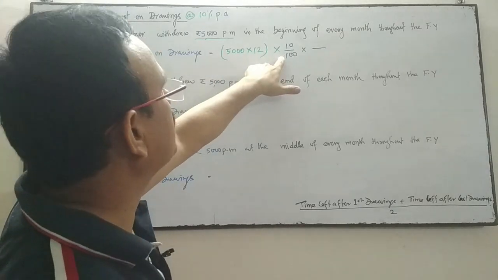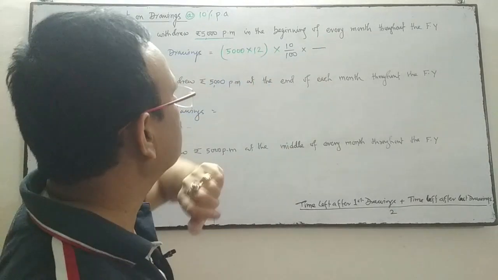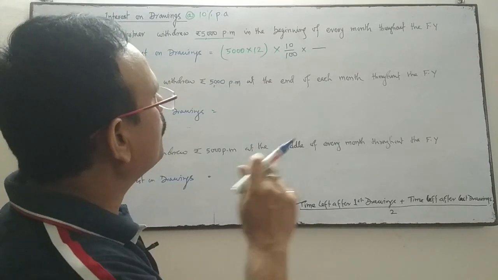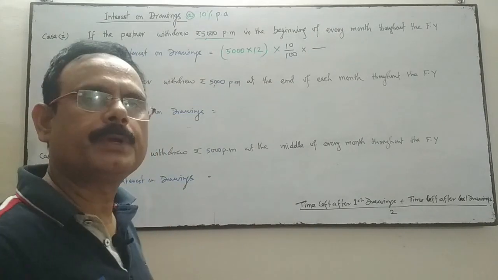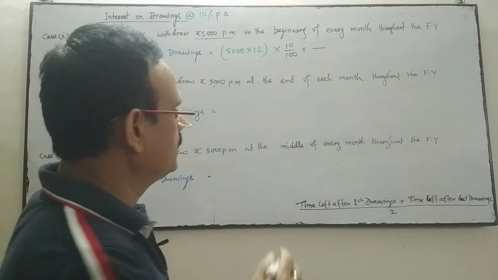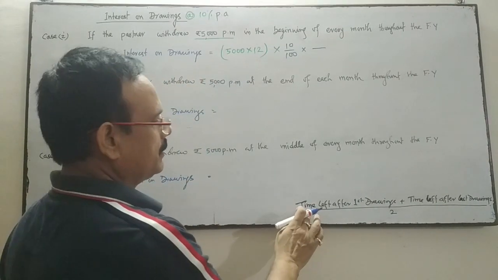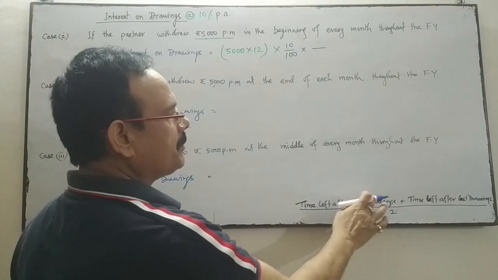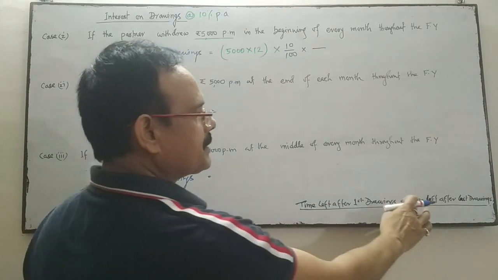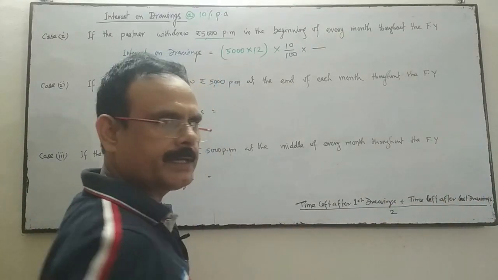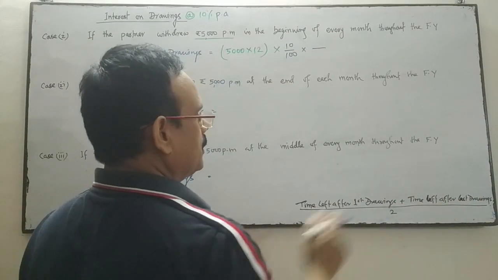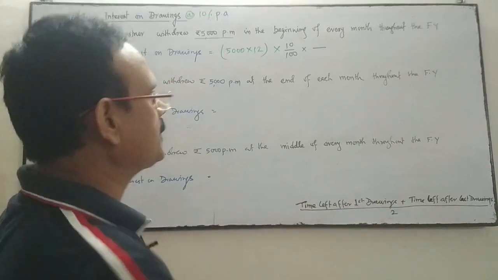Rate of interest 10 upon 100 into, we'll calculate for how many months the interest will be calculated. For that, there is one thing: time left after first drawing plus time left after the last drawing upon 2.